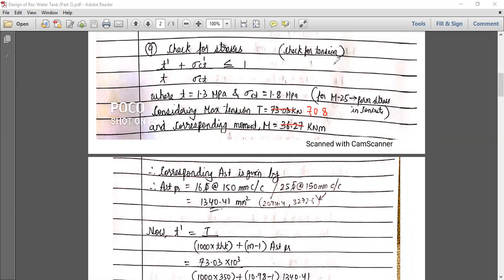And what is the corresponding AST? ठीक है, for maximum tension the corresponding moment is 44. इसके लिए corresponding steel कितना प्रोवाइड किया था? चेक करो. What was the corresponding steel provided?